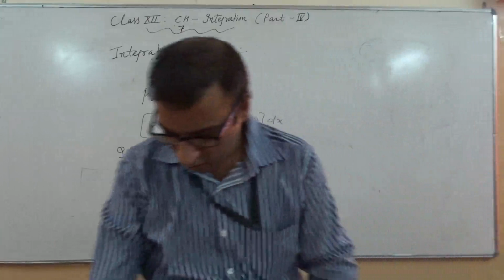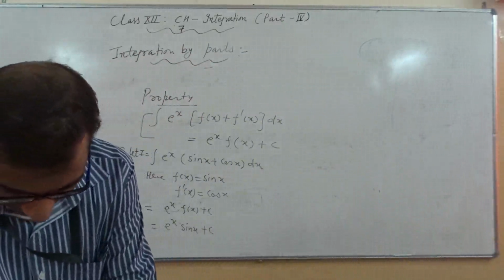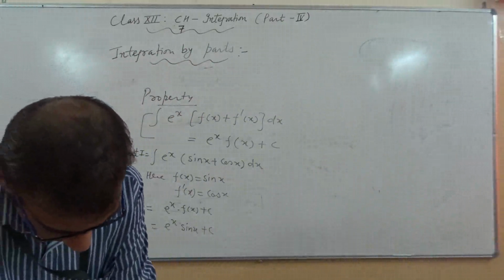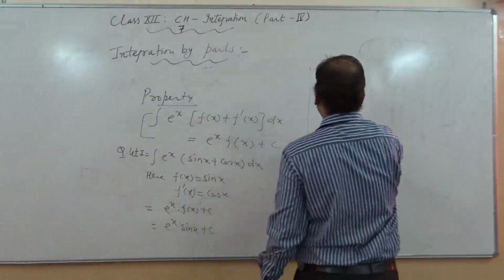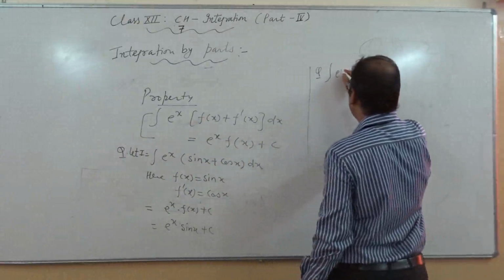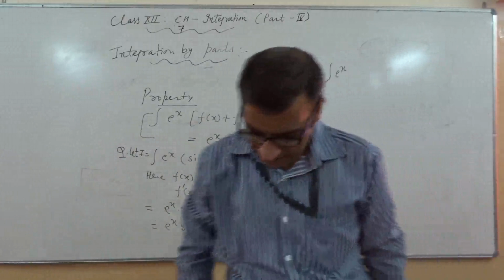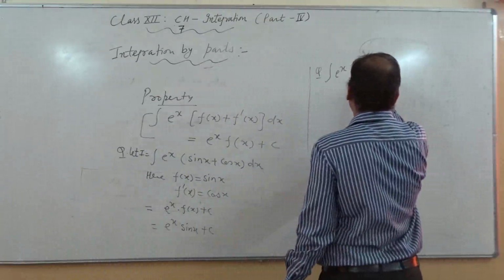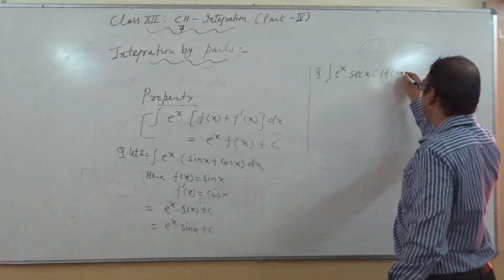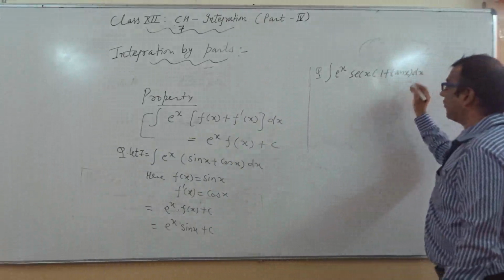I am taking one more question which is related with this property. This time the question is how to do the integration of e raised to the power x, sec x into 1 plus tan x, dx.